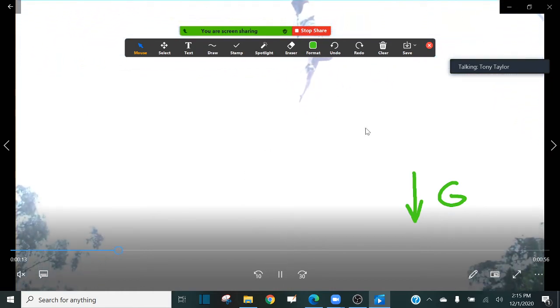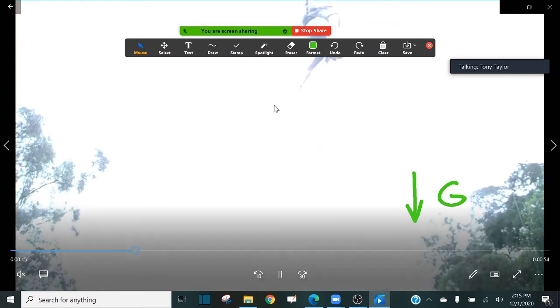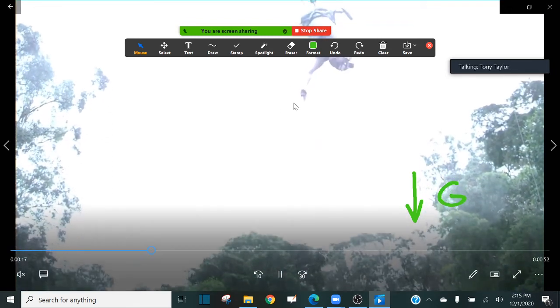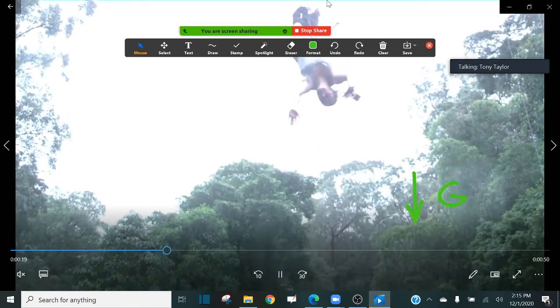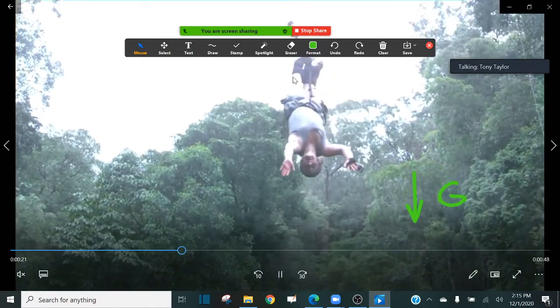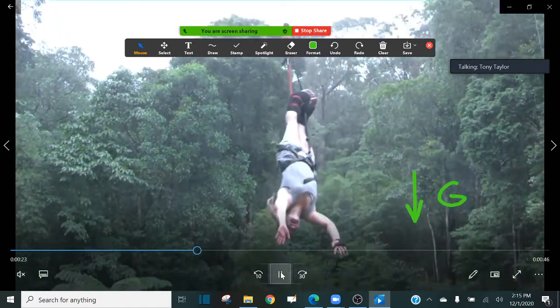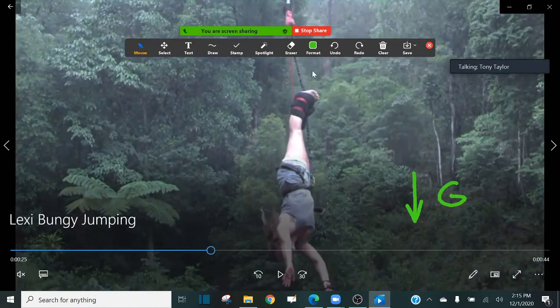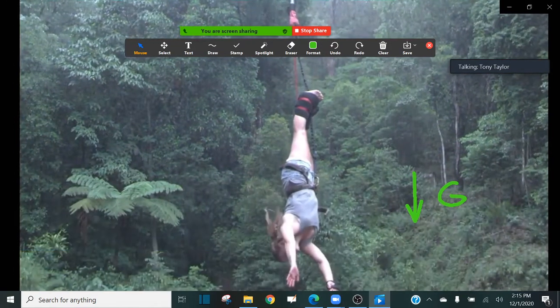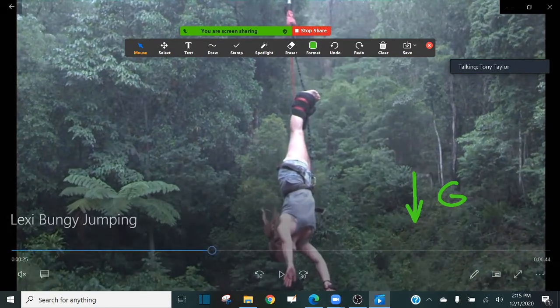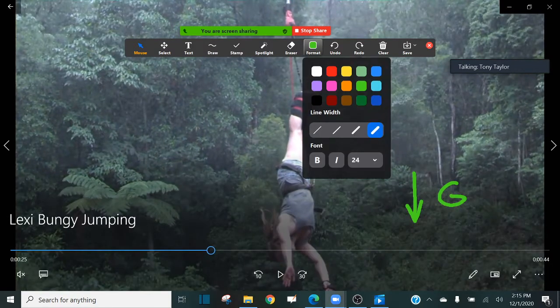Obviously there's some air resistance, but mainly there's another force that acts on her, and that is the force from this rope. Anytime you have a rope or string, the force that results from that is known as the tension force. So I'm going to draw another arrow here to show the force of tension.